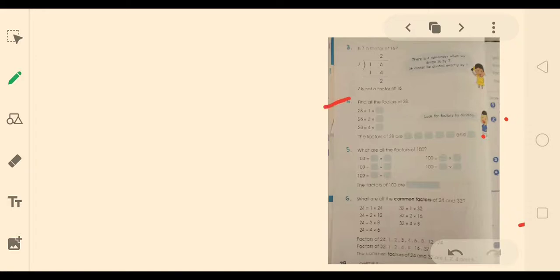Similarly, you have to check in which tables the number 28 comes. For example, here they have written 1 multiplied by dash, 2 multiplied by dash, 4 multiplied by dash.